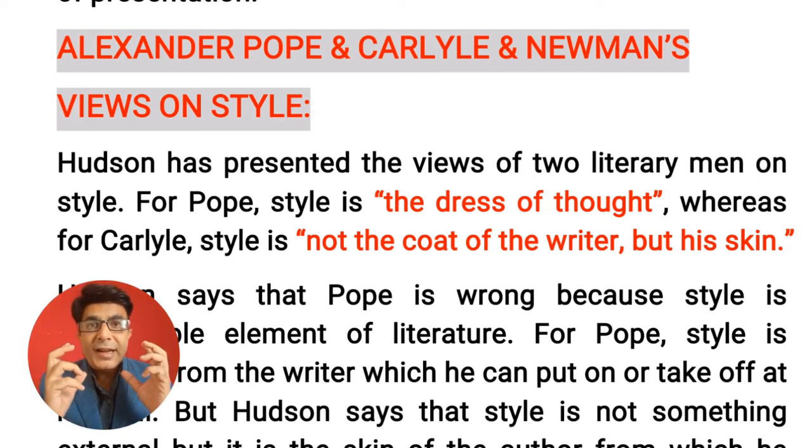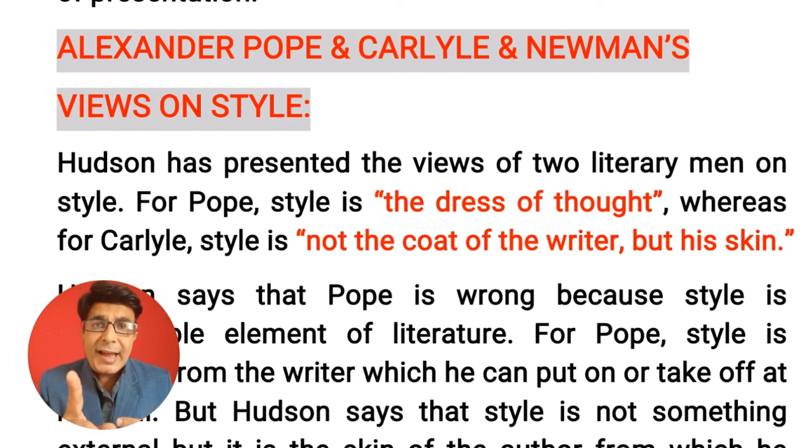Thought means the idea, right? The author wants to express his idea in his work of art, and for that he needs one medium. So according to Alexander Pope, that language, the medium or the style, is the dress of thought.